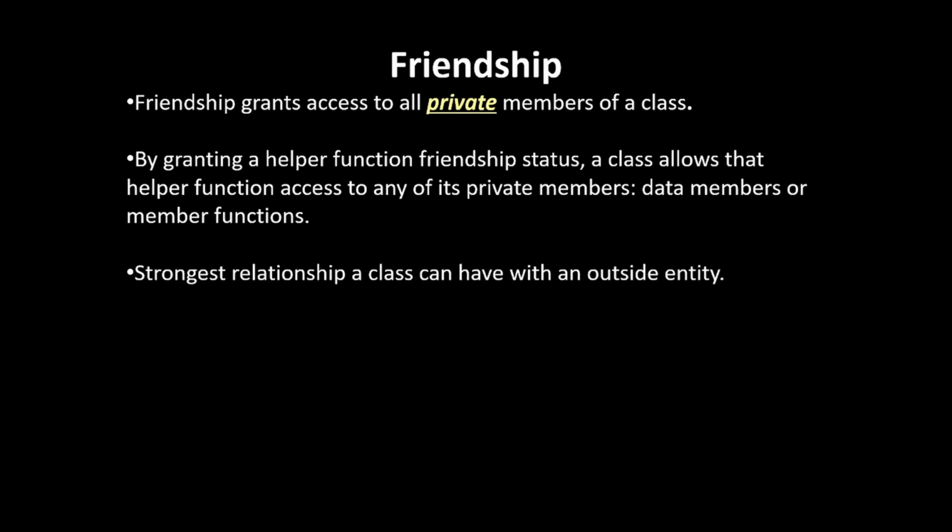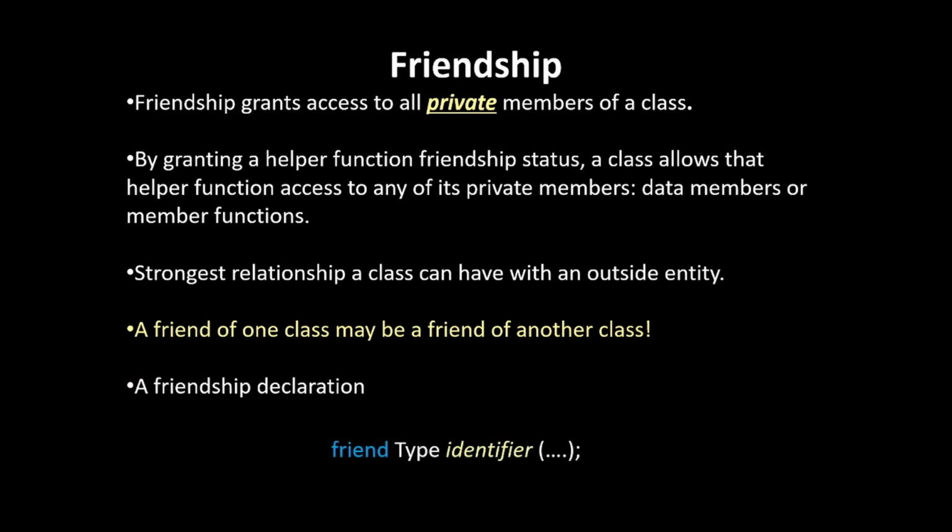This is the strongest relationship that a class can have with an outside entity. And a friend of one class may be a friend of another class, and we're going to talk about that again very shortly. And the declaration of a friend function is the keyword friend, your type, and then your identifier for the rest of your function.